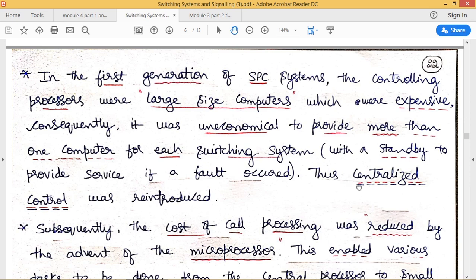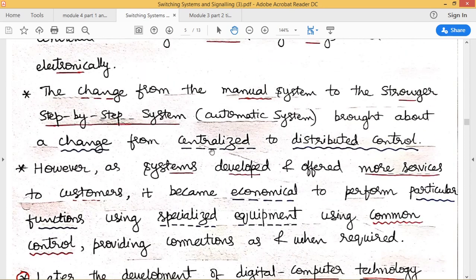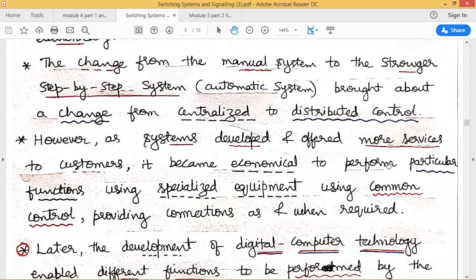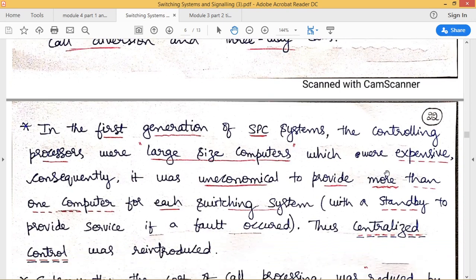So we know that when automatic exchange came into effect, it went from centralized to distributed control, but with the invention of SPC, due to the expense of the large size computer, again from distributed we came back to centralized control.